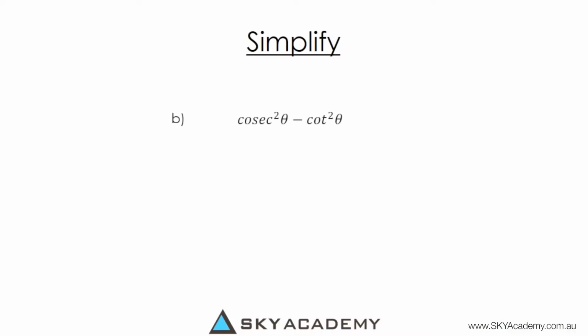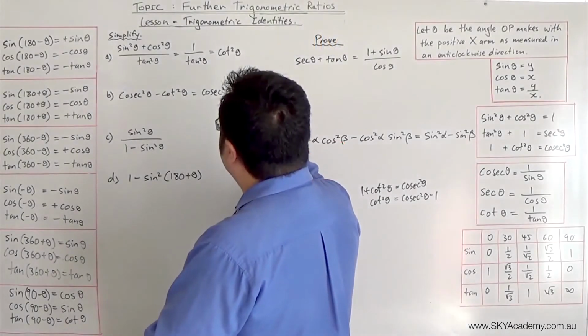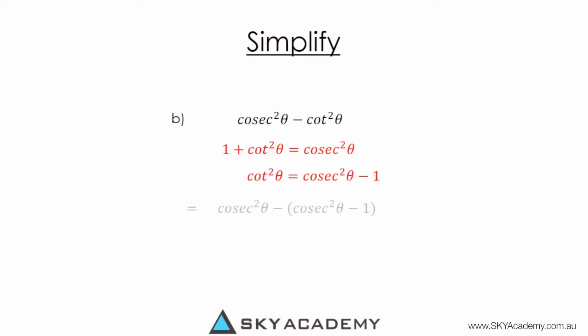So we've got cosec squared theta minus cosec squared theta minus 1. The cosec squared terms cancel out, minus becomes plus, and we're left with 1, and that's what this expression is equal to.